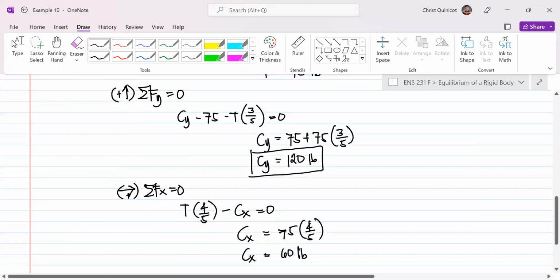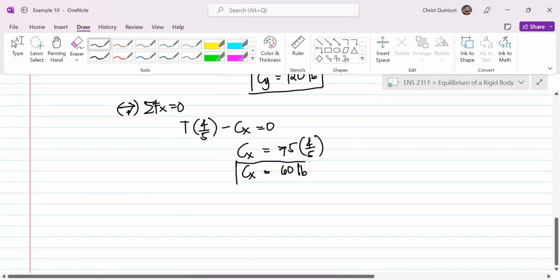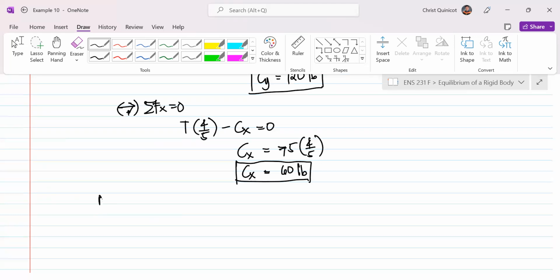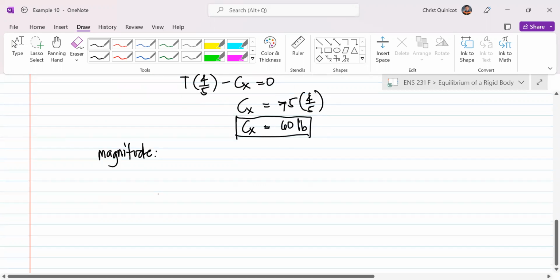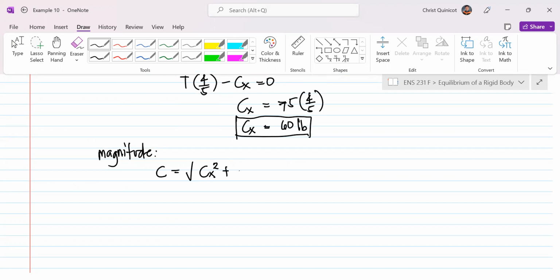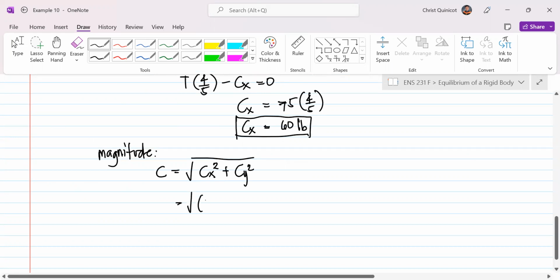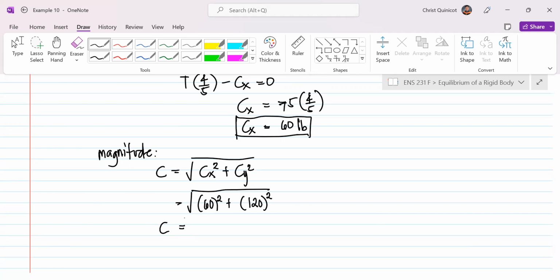And since we are tasked to find the force exerted on the bracket by the pin at C, we will be calculating the magnitude of our force applied at C. That is C is equal to the square root of C sub x squared plus C sub y squared, is equal to the square root of 60 squared plus 120 squared. 60 squared plus 120 squared is 18,000.